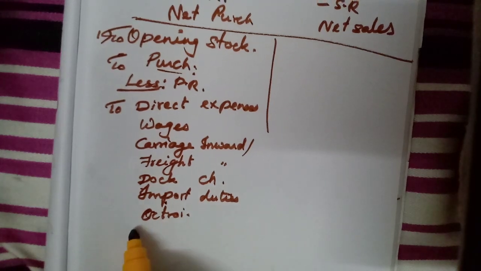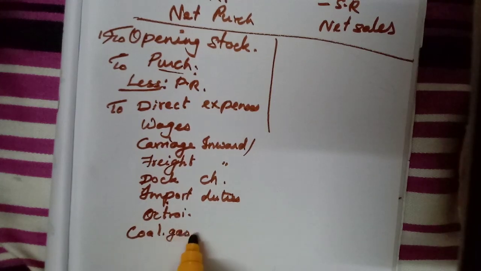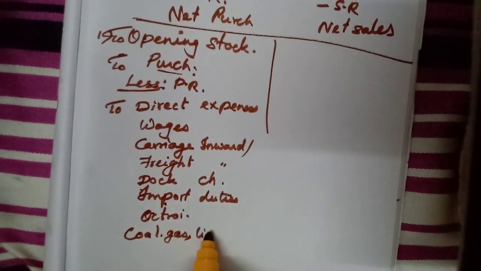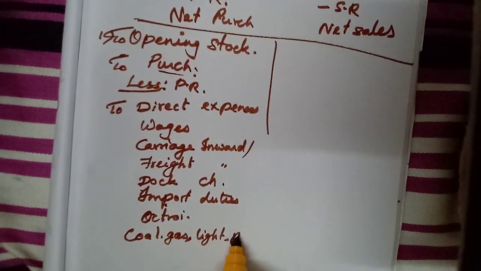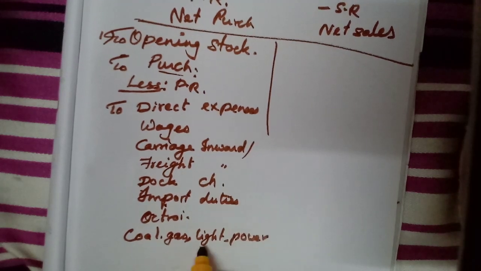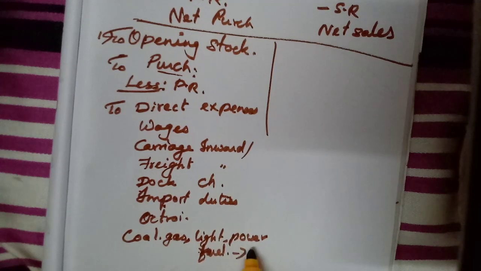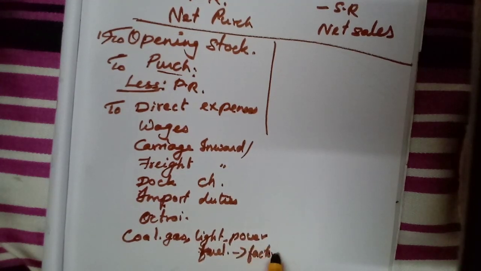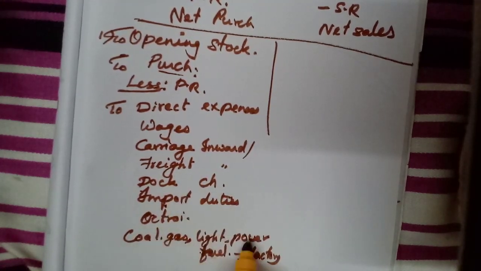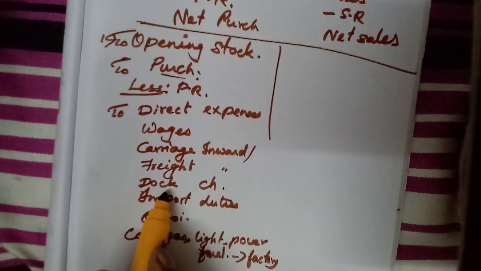Then all the other things, coal, gas, light, that means power, fuel to run the machine. All these that are used in the factory to produce those goods are the direct expenses.